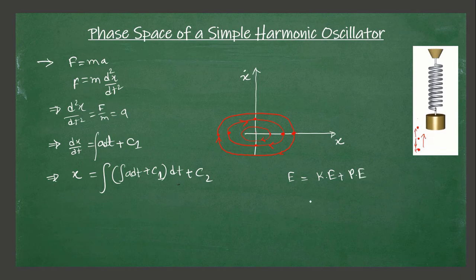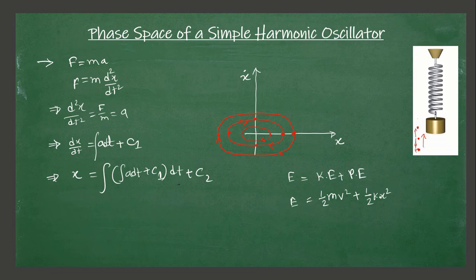The kinetic energy is equal to half mv squared, and the potential energy for a simple harmonic oscillator is half kx squared, where x is the displacement from the equilibrium position. So this is the total energy.